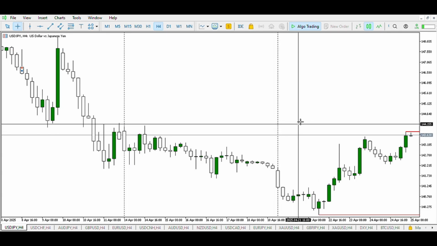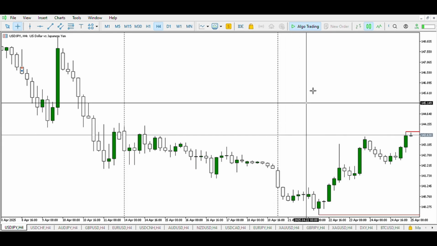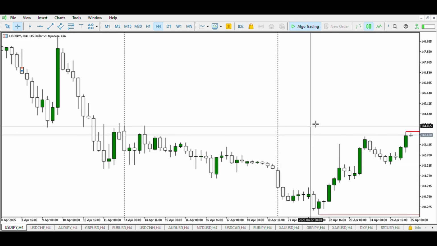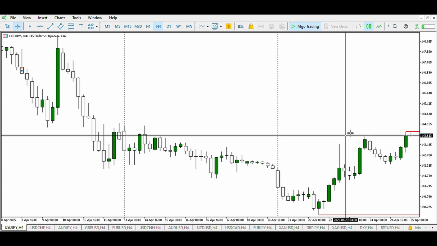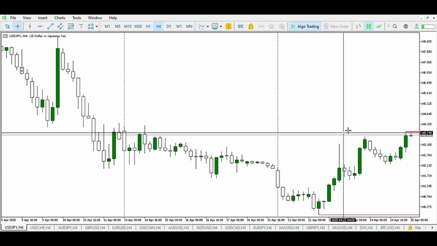So right here on USD JPY, we can see the liquidity zone from the previous week. At the top here we have the high, at the bottom here we have the low. Price closes near to the high of the previous week. However, this high is not a swing.